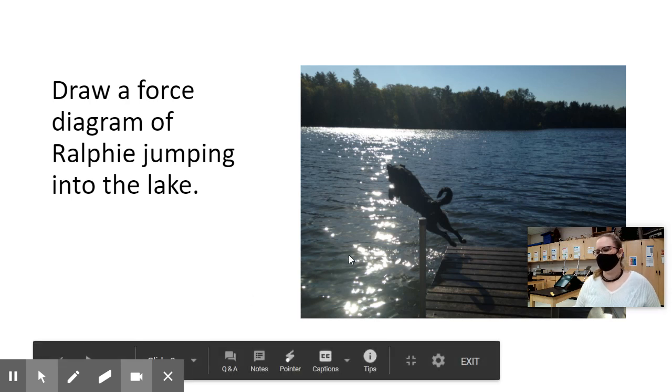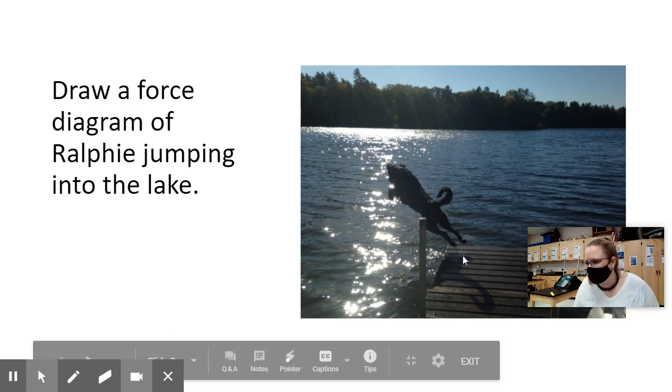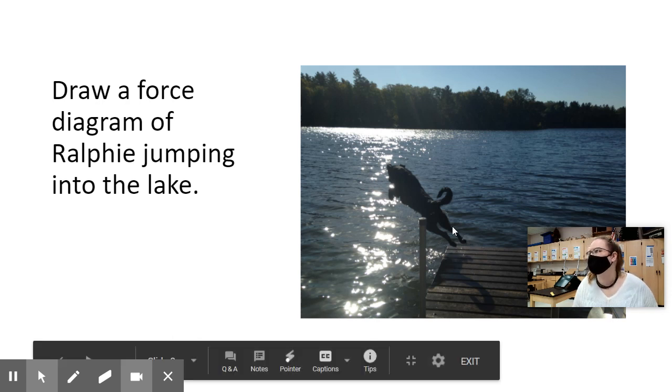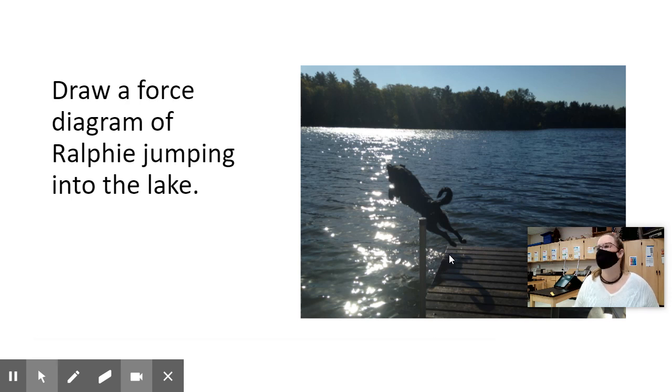There's a couple of situations that you can look at here. One, his feet are no longer on the dock. Or you can say, I'm going to pretend that they are on the dock and they're just starting to leave. I will take 2 situations for this. So that means there are 2 possible correct diagrams here.